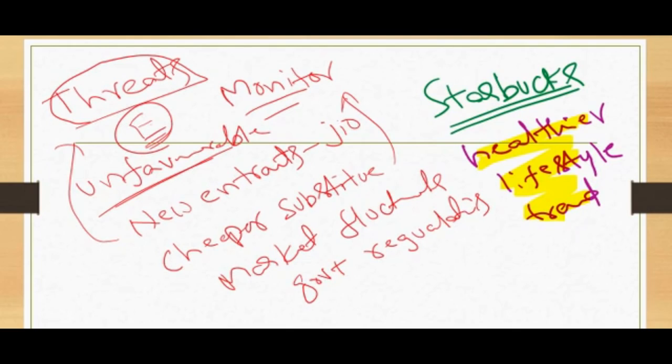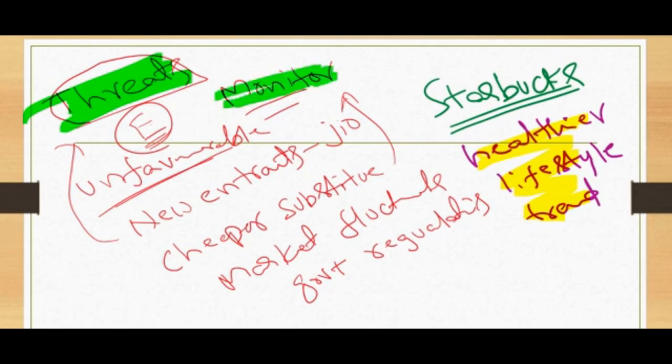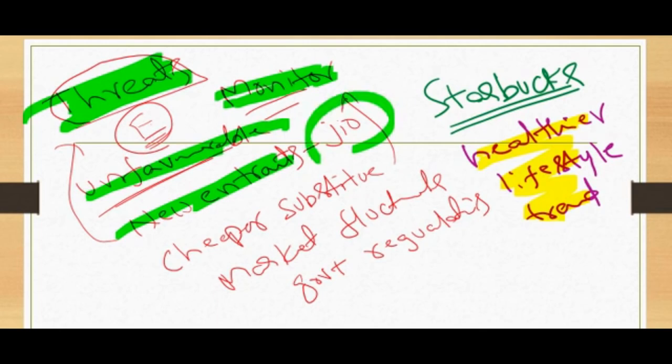So let us recap. Threats are very dangerous. You need to monitor them very closely before you get a big hit, because they are all unfavorable conditions. For example, new entrants, you have seen the example of Geo. Then cheaper substitutes for the products or services that you are dealing with in your business.